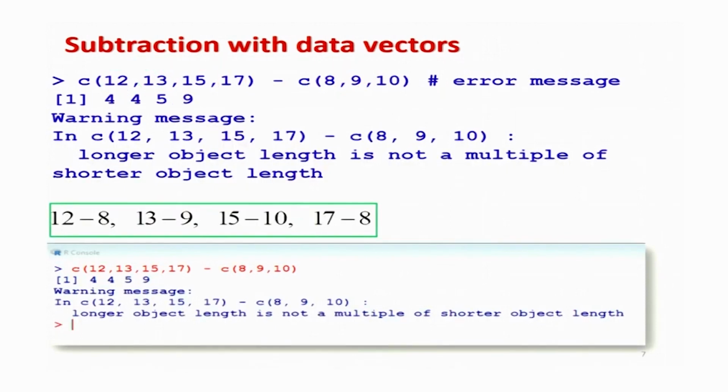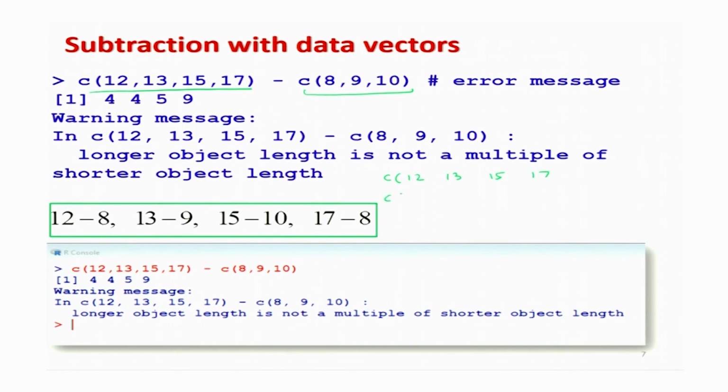And now I try to repeat the same type of calculation which I did earlier in the case of addition, that I try to take here 4 values in the first data vector, 12, 13, 15 and 17, and then 3 values in the data vector 2. So, what will happen here? See 12, 13, 15 and here 17.